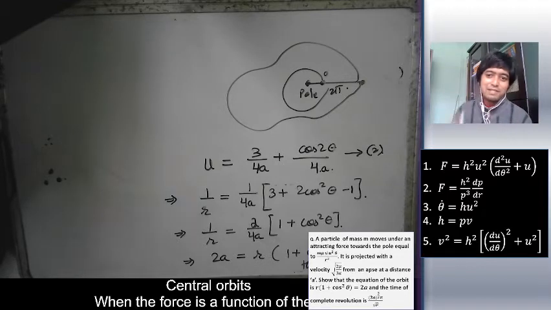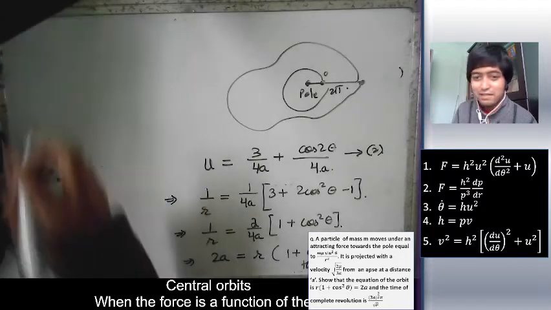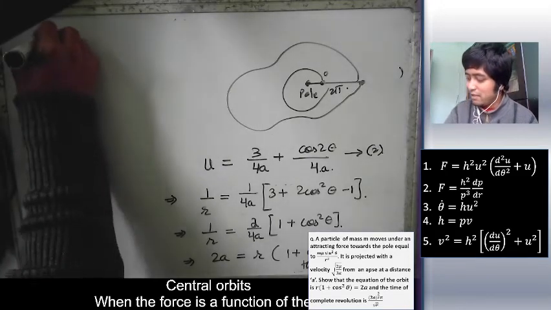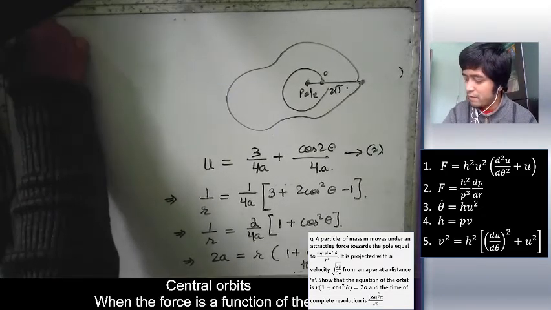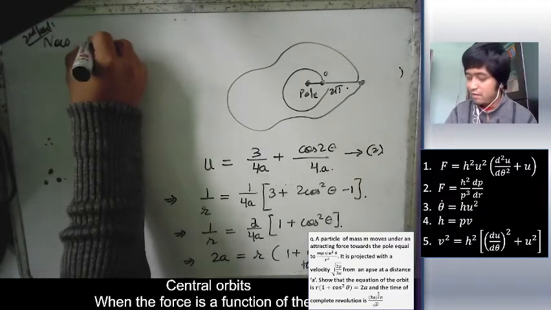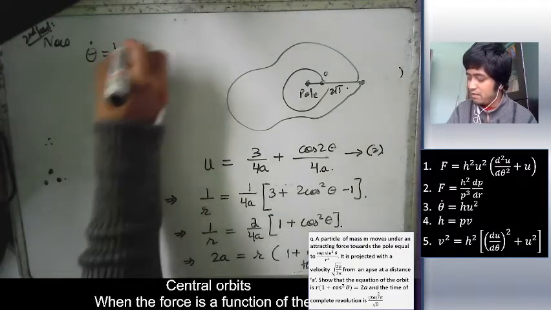Actually equation 3. Equation 3 involves time because theta dot is d theta dt. So keep that in mind. If it is a question about time, we have no other choice but to use equation 3. Now, second part, theta dot equal hu square.